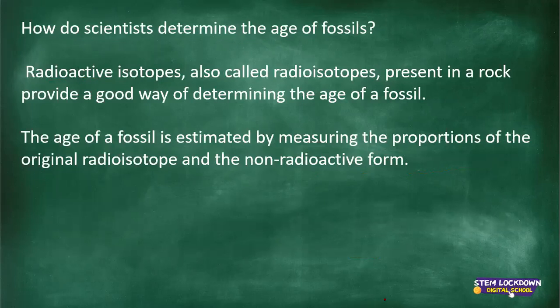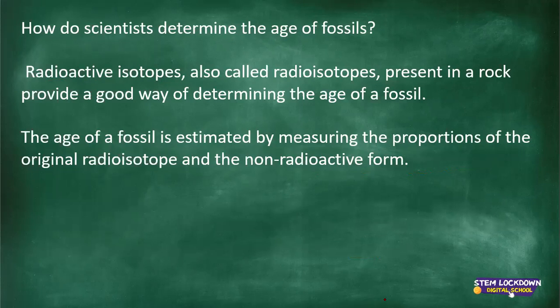How then do scientists determine the age of fossils? Through radioactive isotopes, which are also called radioisotopes. Those are present in a rock and provide a good way of determining the age of a fossil.